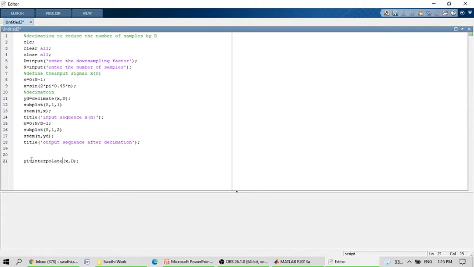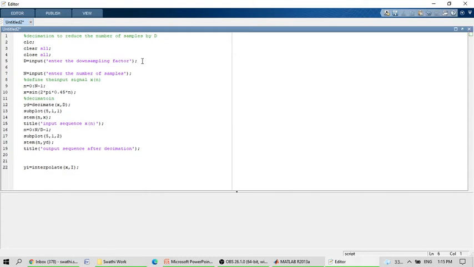So the built-in command for increasing the sampling rate is what? Interpolate x comma by what factor I want to increase, by a factor of I. And here I will give the upsampling factor. Let us observe here. So here I equals to, enter the upsampling factor to increase the number of samples.